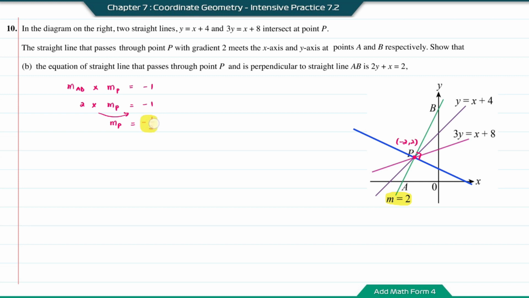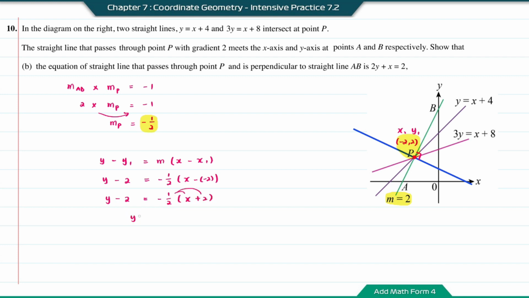So now we already got the gradient of the perpendicular line and the coordinates of one point, which is P, that the straight line passes through. Then we can form the equation. So y minus 2 is equal to negative 1 over 2 times x minus negative 2. So here it will be y minus 2 equal to negative 1 over 2 times x plus 2.